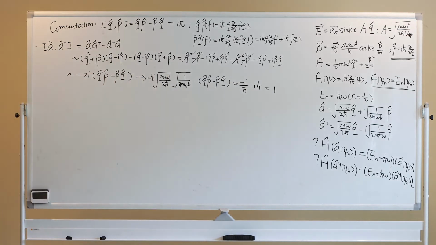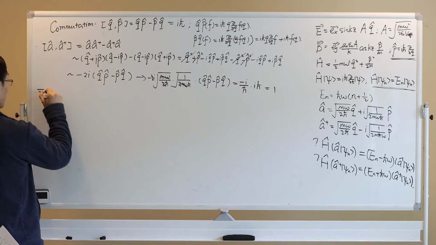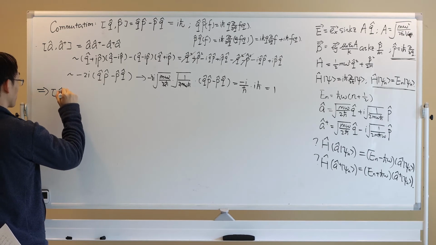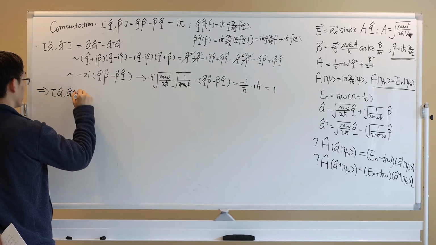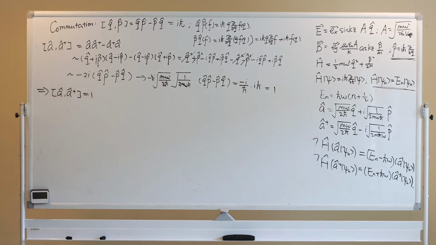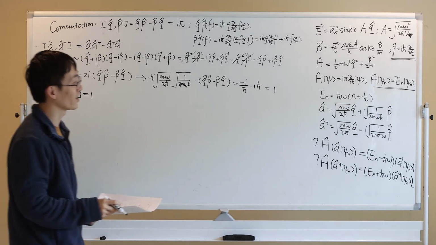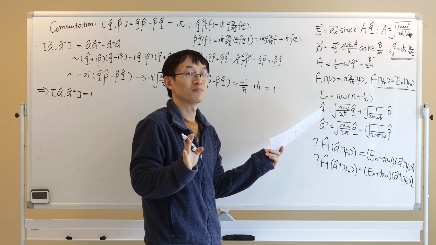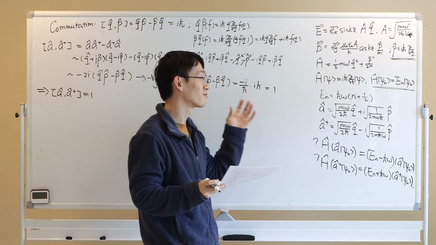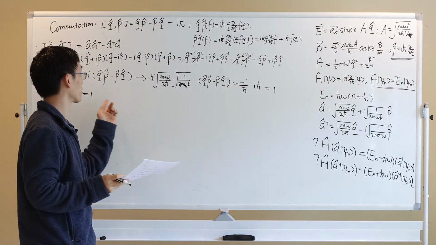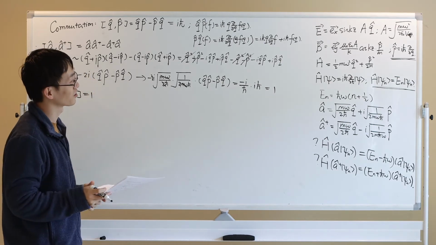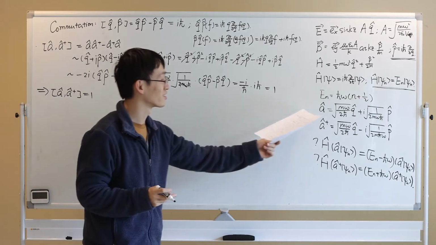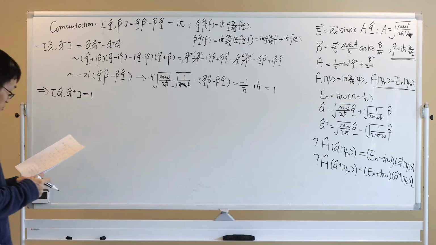So we can conclude that the commutation relation for A and A dagger is extremely simple. It's 1, which means our definition might be correct, because things don't easily go to 1. There's no such thing as coincidence, right? So this is 1.